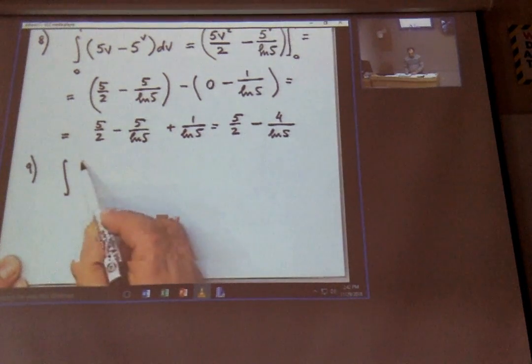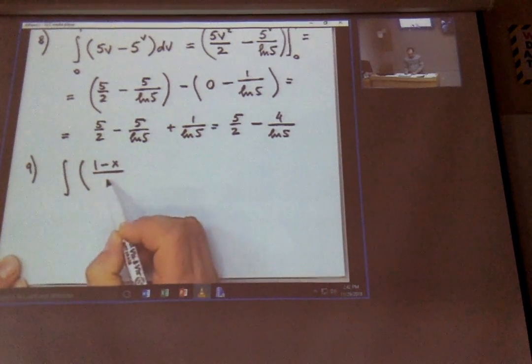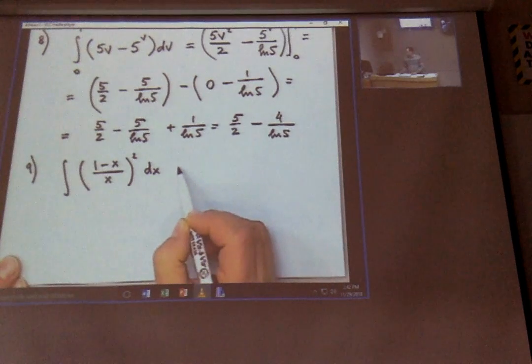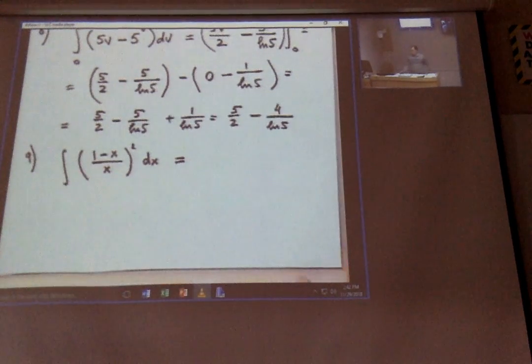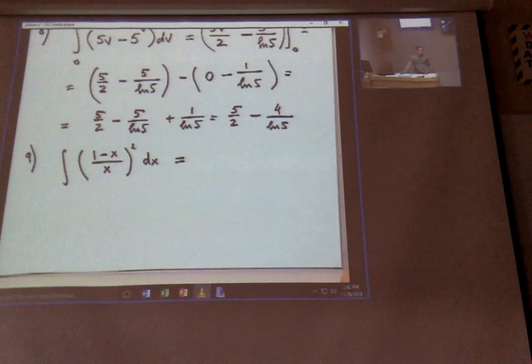So let's go back to the indefinite integral. So how would you solve this problem? Do we go with the substitution?